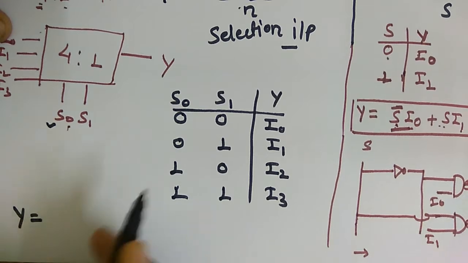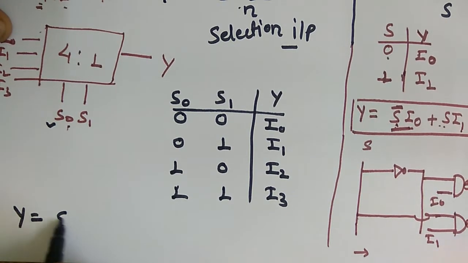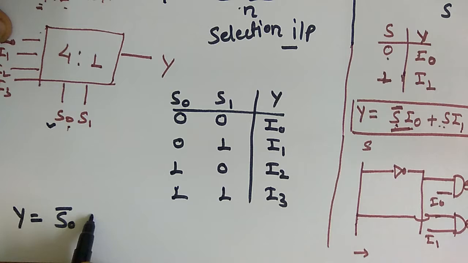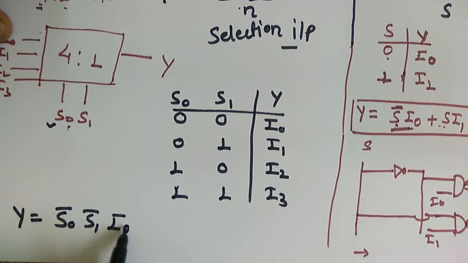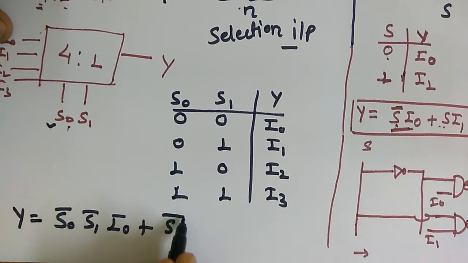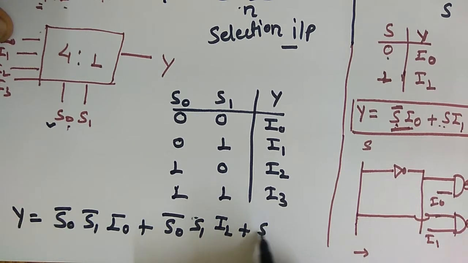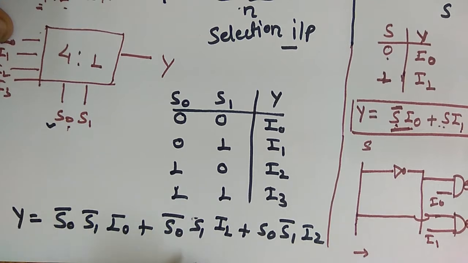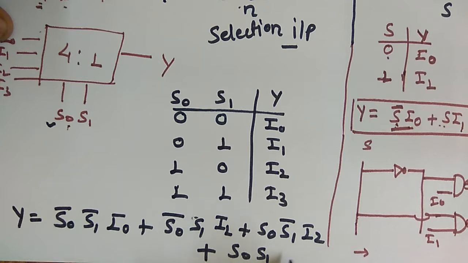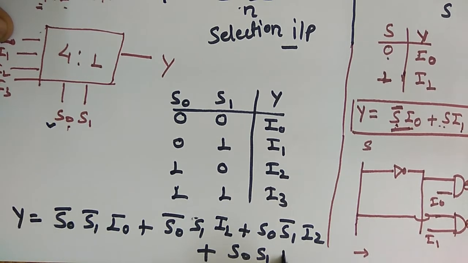Y is equal to, where both are 0 we apply bars: S0 bar S1 bar I0 plus S0 bar S1 I1 plus S0 S1 bar I2 plus S0 S1 I3.